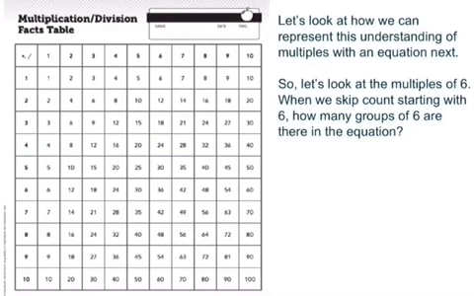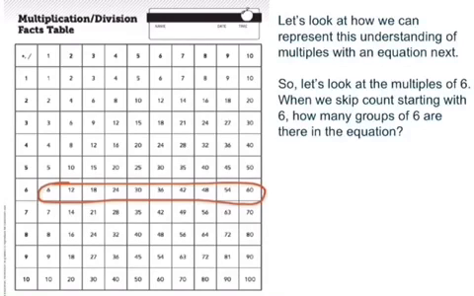All right, so let's look at how we can represent this understanding of multiples with an equation. I did just show that to you, but let's see if you can think that through on your own now. So if we look at the multiples of 6, and we start skip counting by 6, how many groups of 6 are there in the equation?